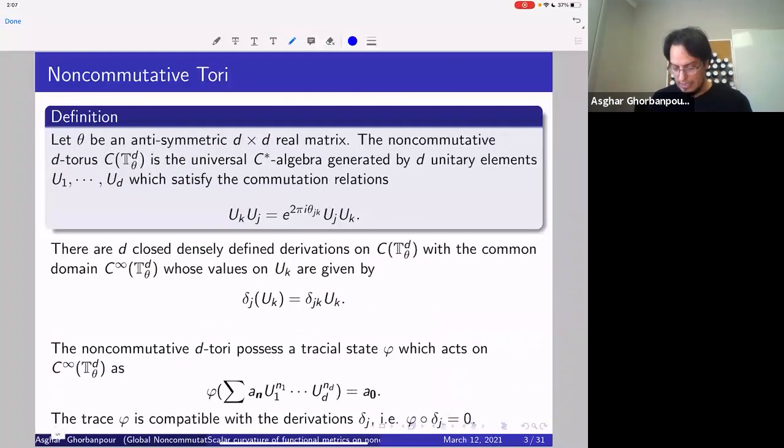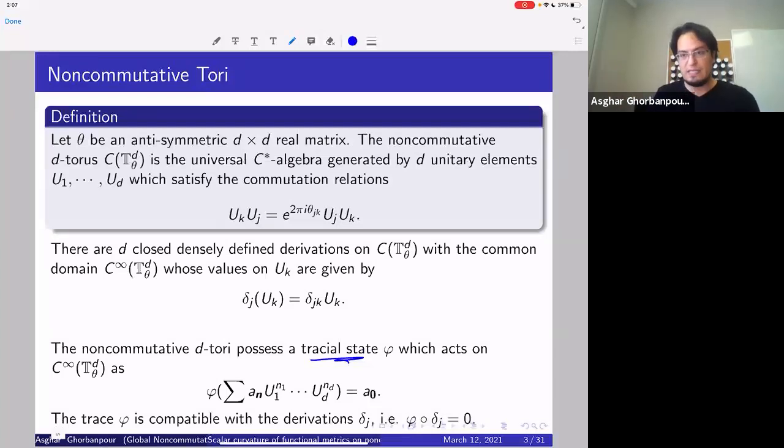And the other very important factor which we will use is this tracial state, which is basically integration on this non-commutative space.